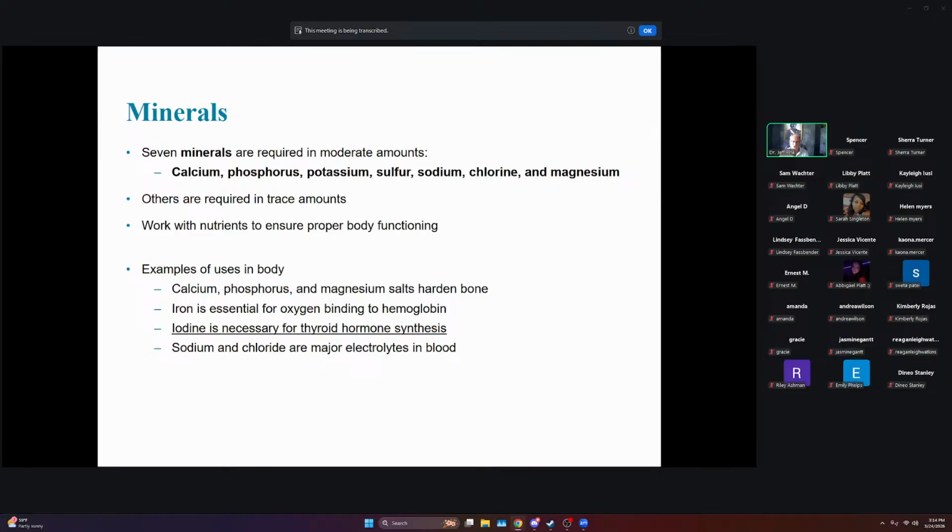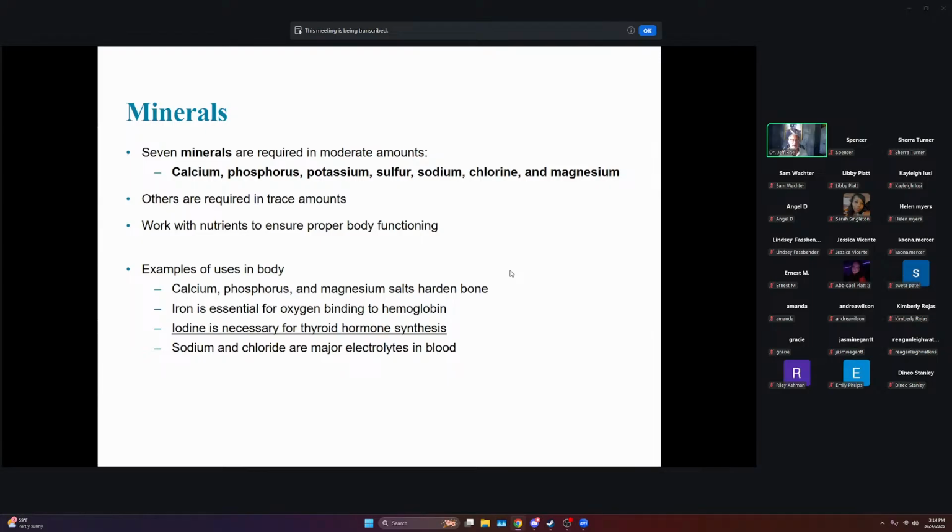Remember the sodium potassium pump that's responsible for shifting the electrical gradient to allow for muscular contraction. If you didn't have sodium and potassium, you couldn't move those ions around and your muscles couldn't contract, right? So you'd have a problem. So there are 7 primary minerals that we need. These are the ones, again, that you've heard of time and again in anatomy and physiology.